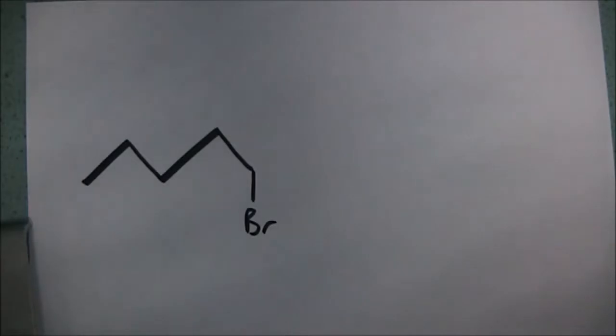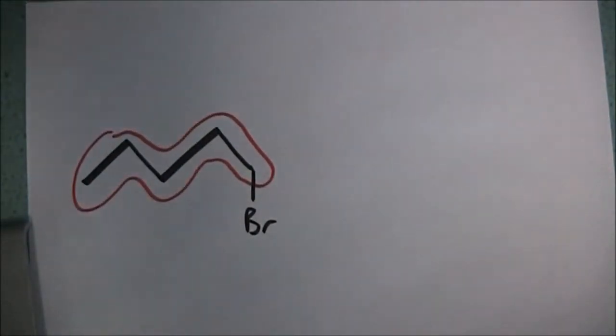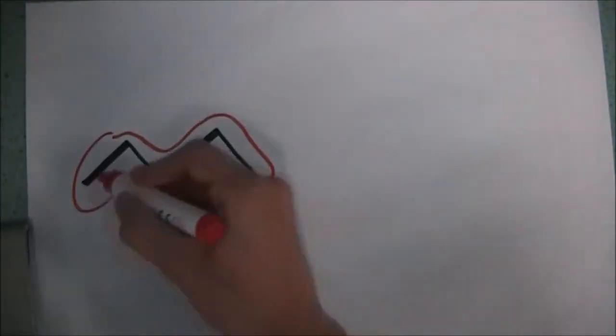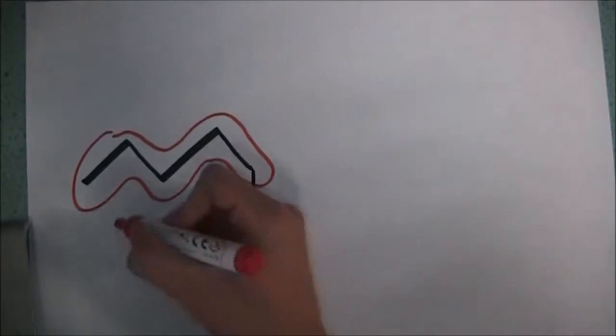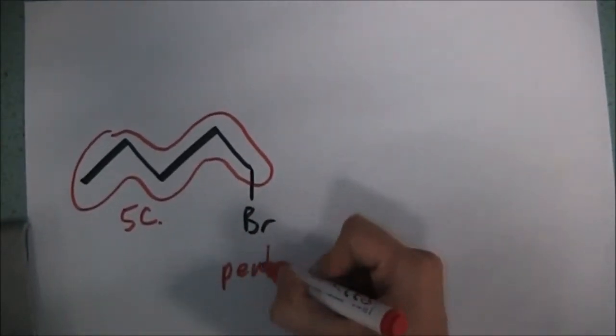Here's an example. We're going to find, again, the longest carbon atom chain. There it is. 1, 2, 3, 4, 5 carbons. So we know we're dealing with some kind of pentane.